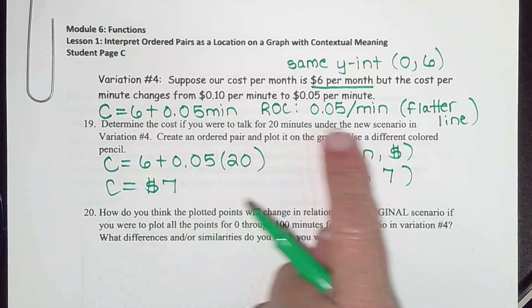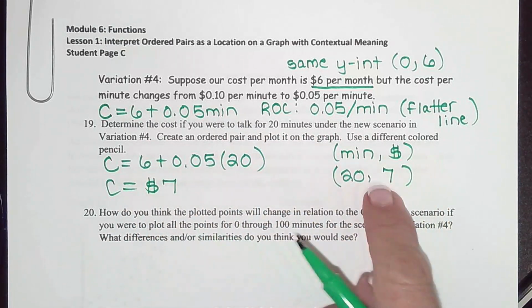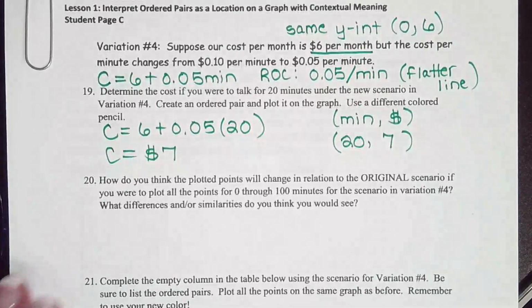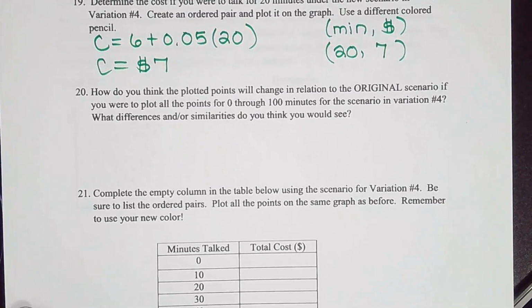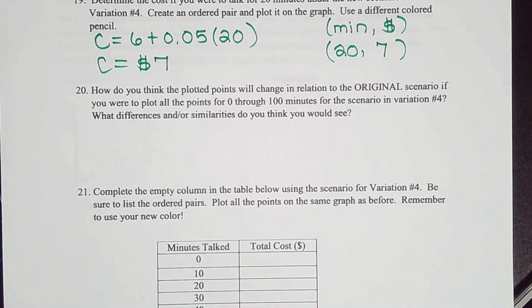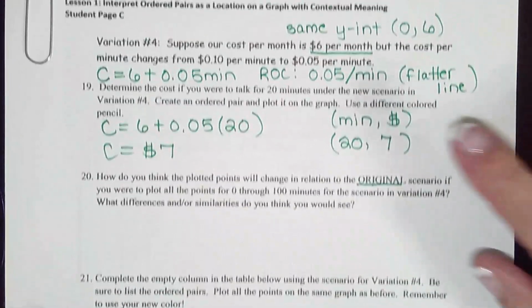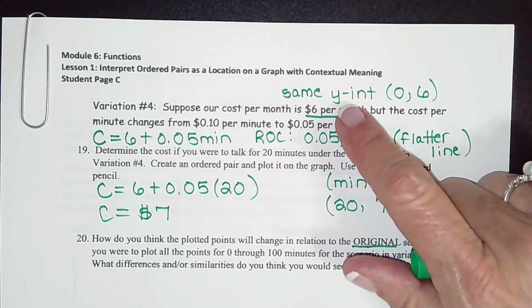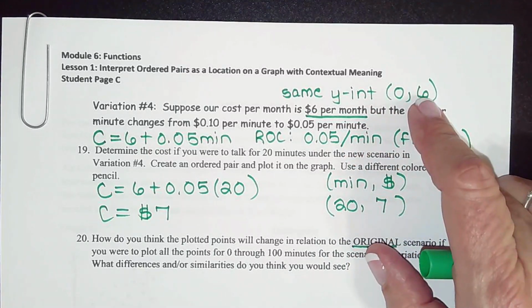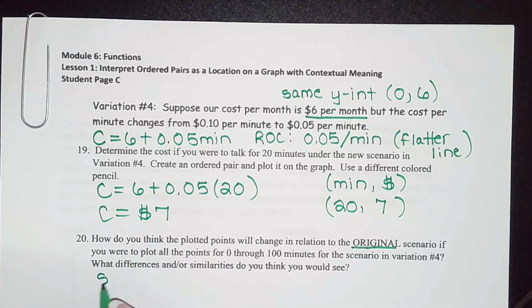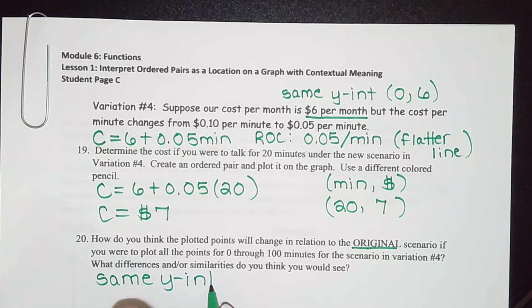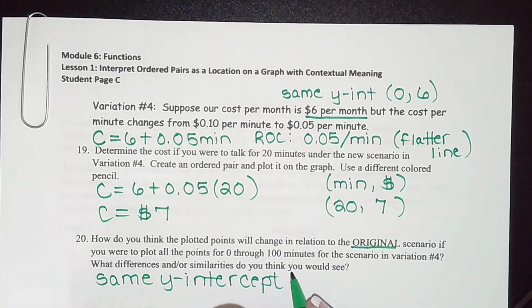So did we do everything? Find the new cost, make an ordered pair, graph it, different color. Done, done, done. How do you think the plotted points will change with the original? And we already stated that at the beginning when we were reading it. Same y-intercept or starting cost, 0, 6. So same y-intercept, which is what we call in math, but in this scenario, it's the starting cost.